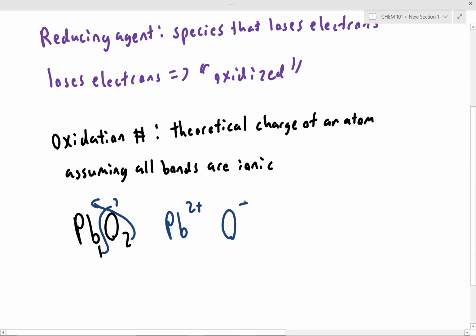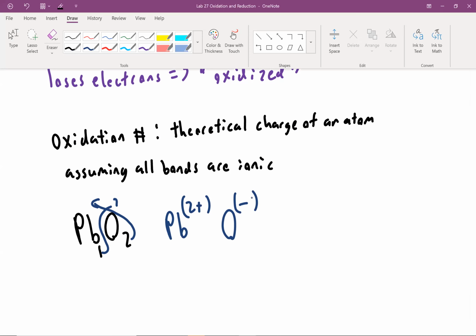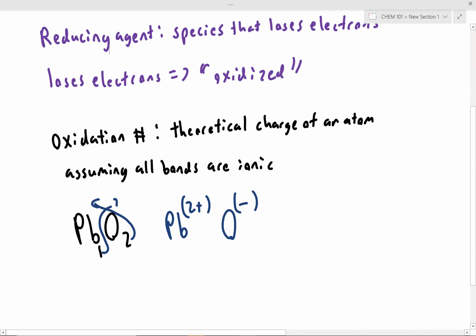Does this match reality? Does oxygen have a charge of -1? No. Oxygen ideally has a charge of -2. So we're going to need to multiply both of our charges by 2. And that in turn gives us Pb4+ and O2-.